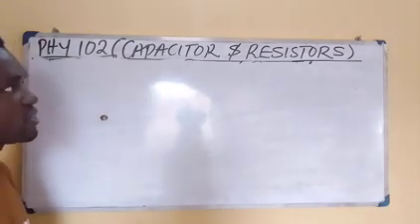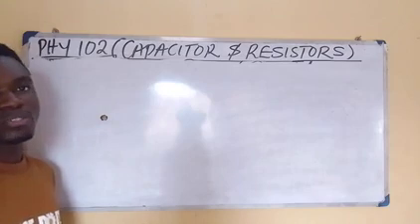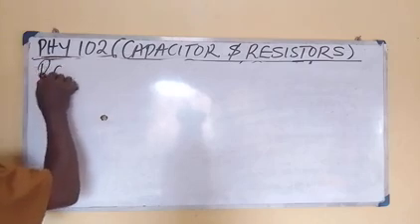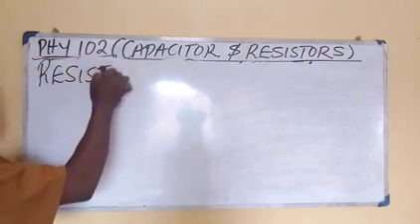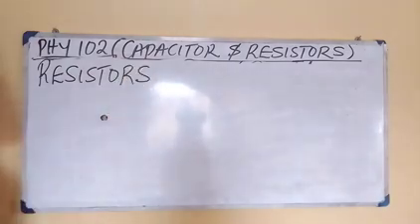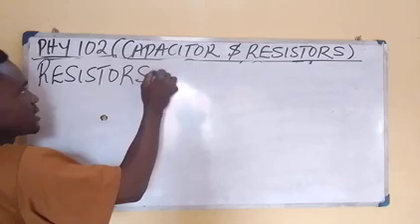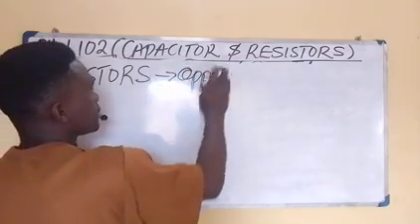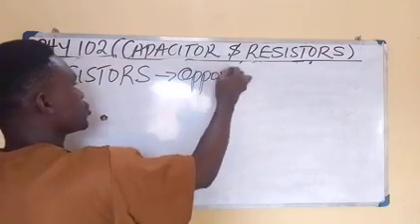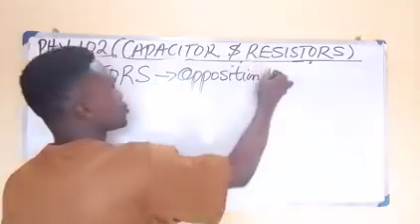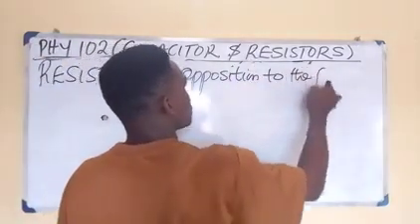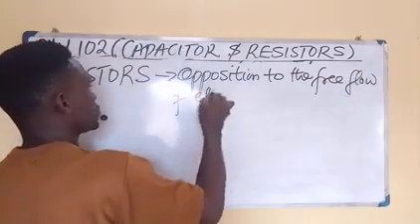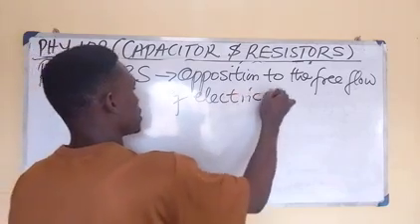Now we have resistors. Resistors are materials that bring about opposition to the free flow of electric charges.